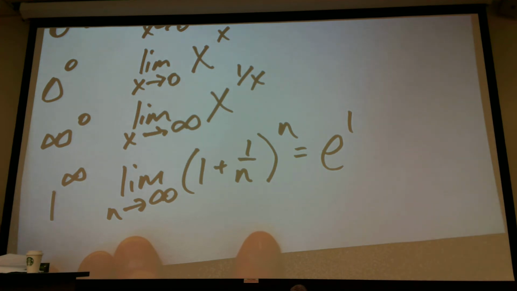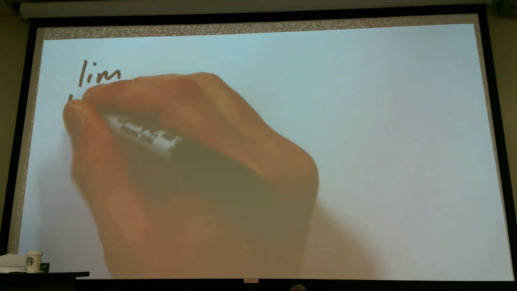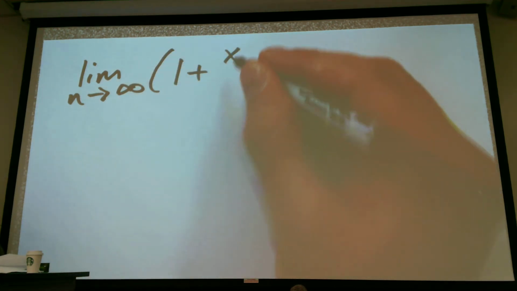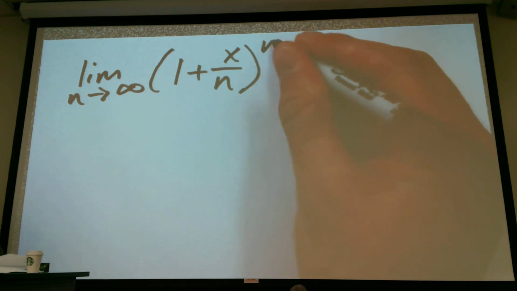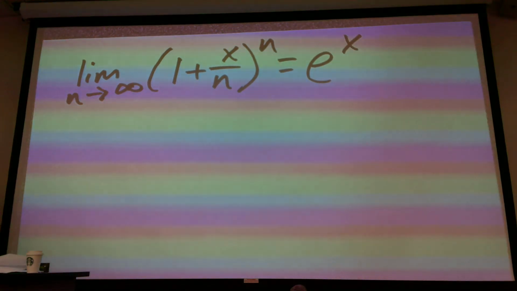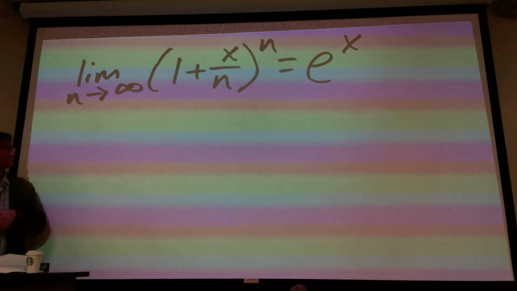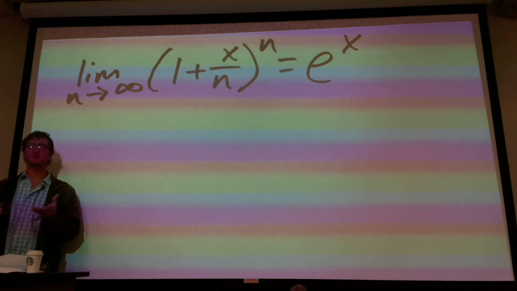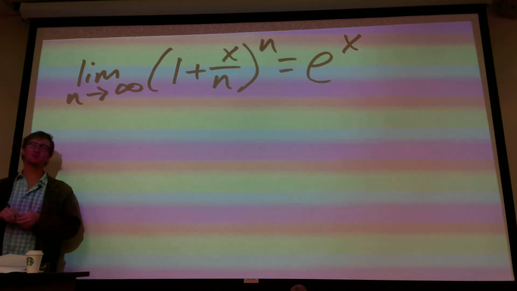And we actually have a more general rule for this one. If we say the limit as n tends towards infinity of 1 plus x divided by n, raised to the nth power, this actually equals e to the x. This might seem like a problem where you'd ask, why do we care about this?